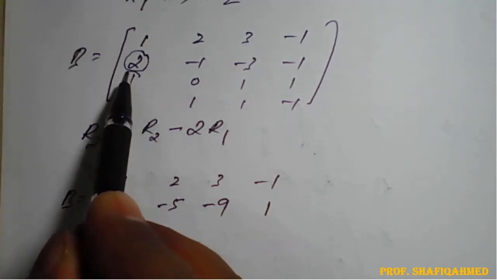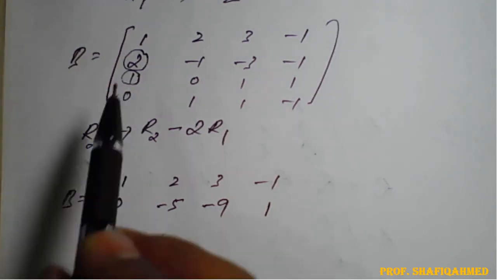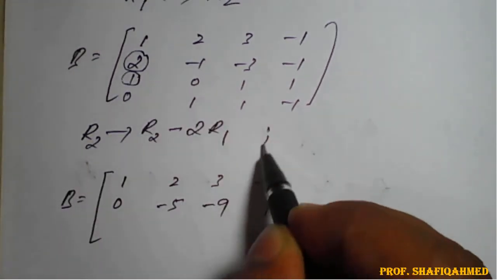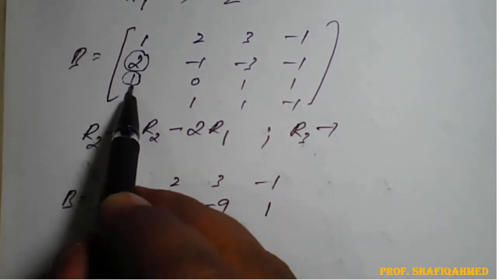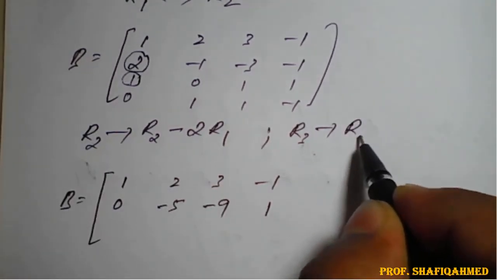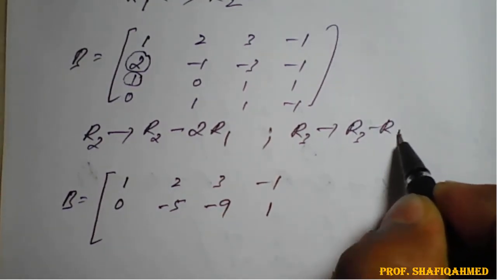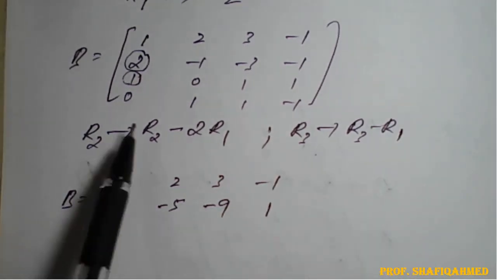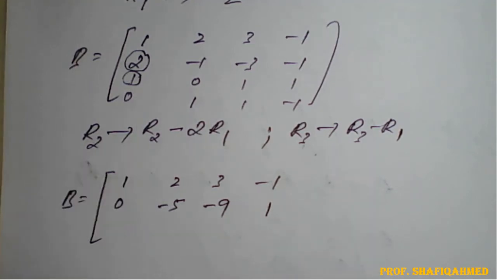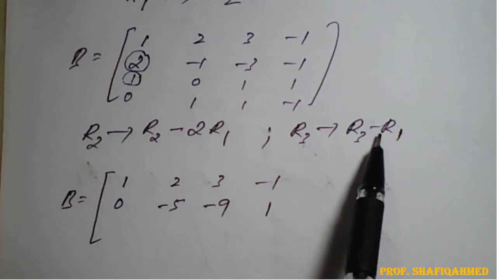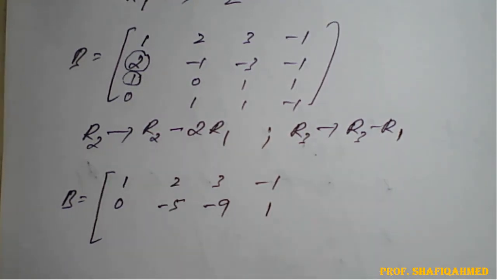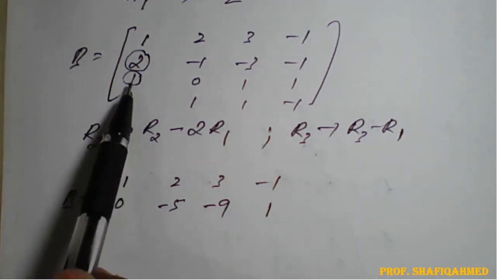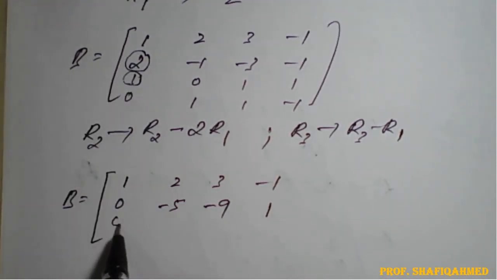So the next target is to make this element 0. This belongs to row 3, so we need to write a formula on R3. This is 1, and 1 minus 1 is 0 directly. So R3 minus R1. To make this 0, we subtract R1 only. Here a non-zero multiplier is not required. Earlier we took the non-zero multiplier 2, but here it is not required. So R3 minus R1: 1 minus 1 is 0.